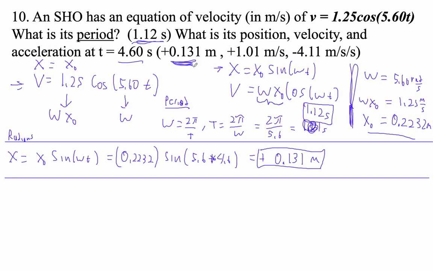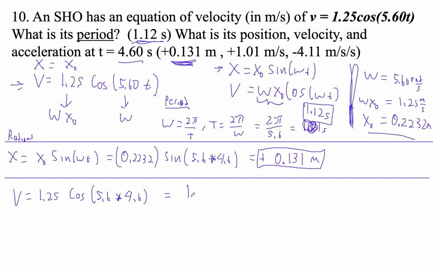We've gotten its position. So now let's figure out the velocity. We can just use that formula. v is 1.25 cos of 5.6 times 4.6, our time.